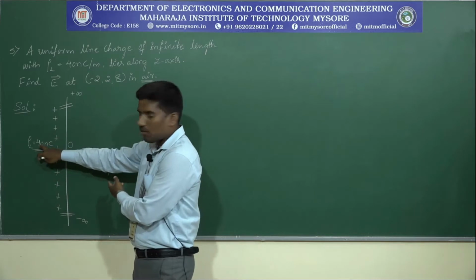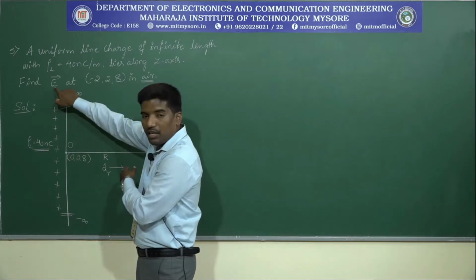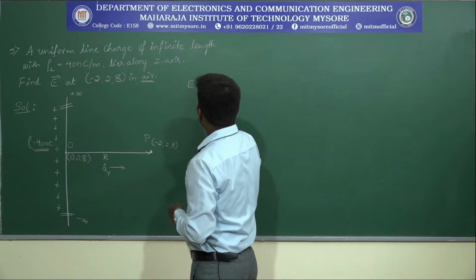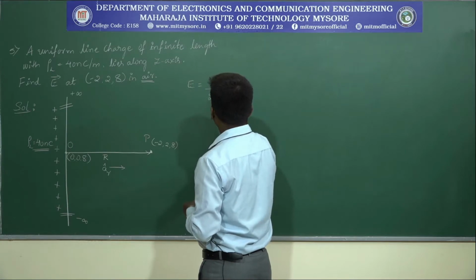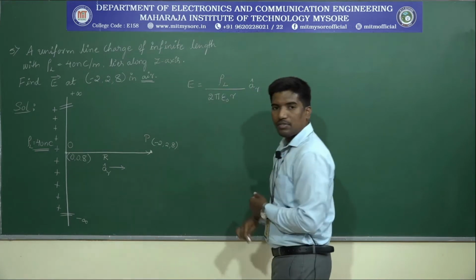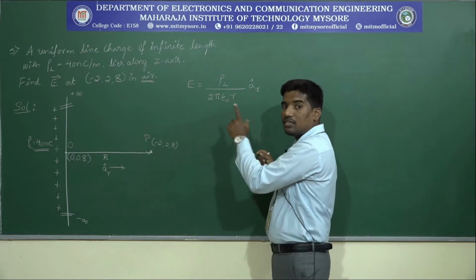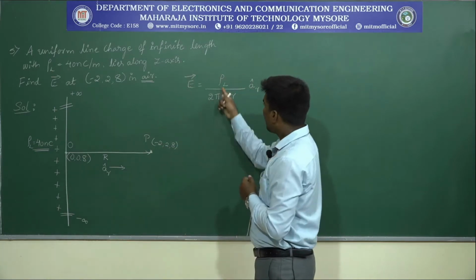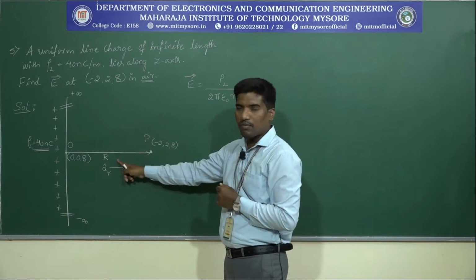We also know the electric field intensity equation for an infinite length line charge, that is E is equal to rho L divided by 2 pi epsilon naught R into a cap R. This is the equation we have derived for the electric field intensity due to an infinite length line charge. We know rho L, but we don't know the value of R.